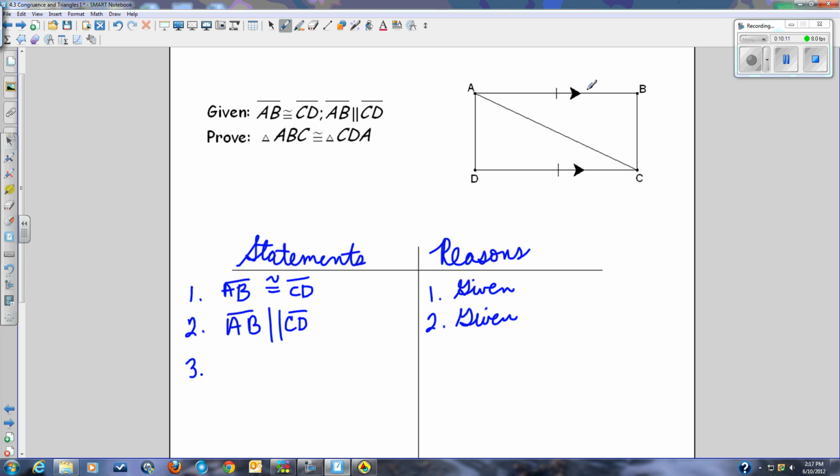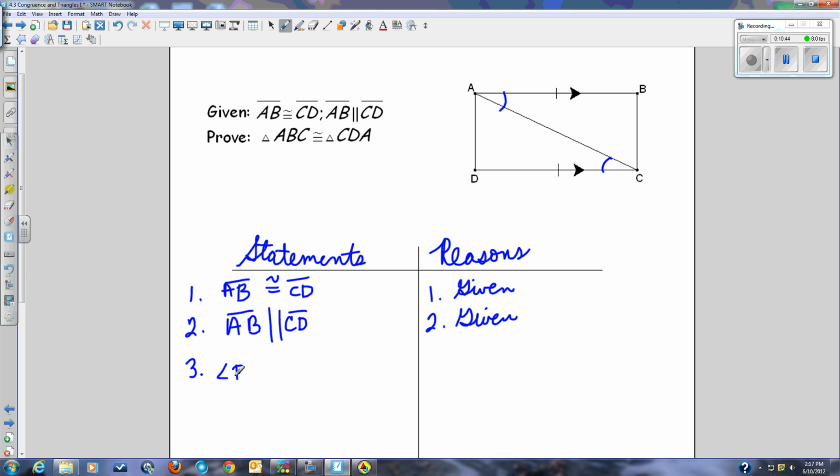We know that these two lines, AB and DC, are parallel, and we know that they are cut by a transversal right here. And so when you have two parallel lines cut by the transversal, we know that the alternate interior angles are congruent. So we know that angle BAC and angle DCA must be congruent.